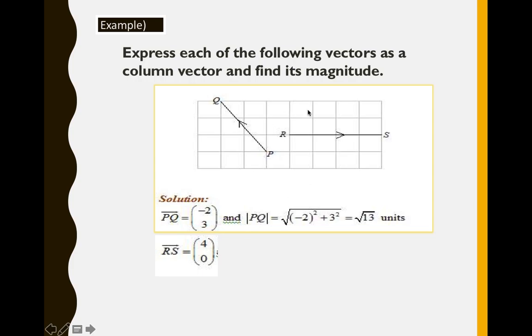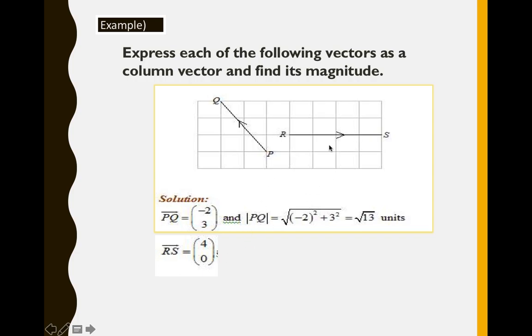And what is the vertical movement? The vertical movement is 0. So the x component is 4, and the vertical component is 0. So vector RS is (4, 0). The x component shows movement to the right or to the left. Here it is 4 to the right, so 4. It hasn't moved vertically, so the vertical movement is 0.